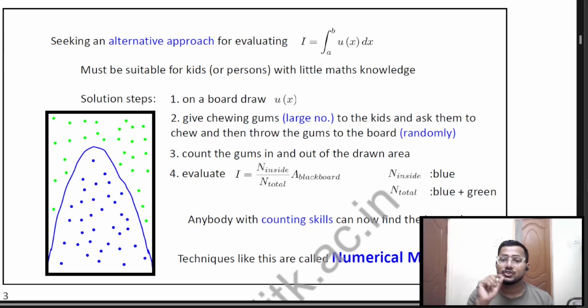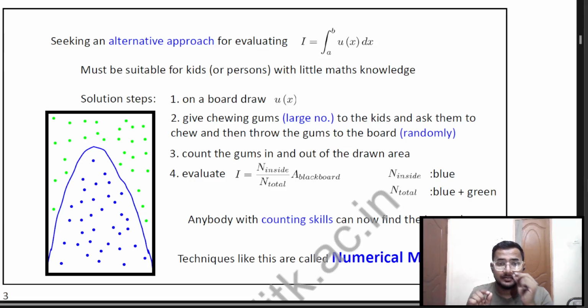And we say, chew a gum, and after chewing the gum, we count how many gums they chewed, and then we ask them to throw the chewing gum on the area of the board on which we have drawn the curve of the expression u(x).